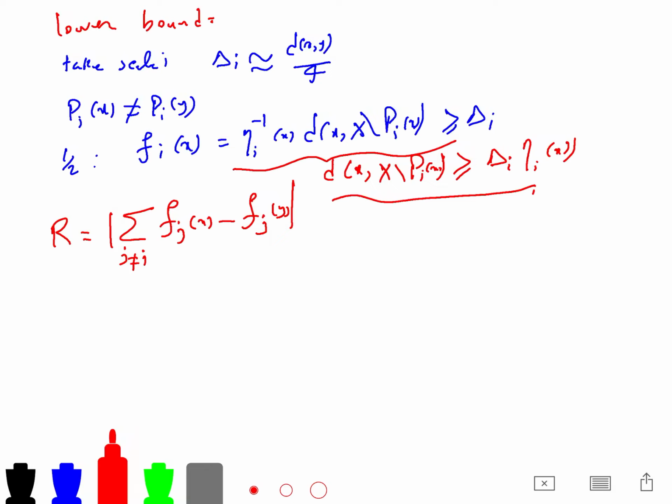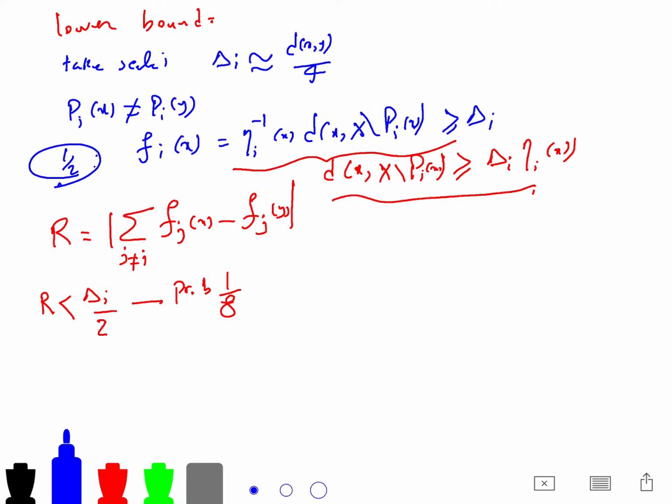So two cases happen. Either R is less than delta_i over 2 with probability 1 over 8. You might say why? Okay, I say that with probability half, we have this relationship.